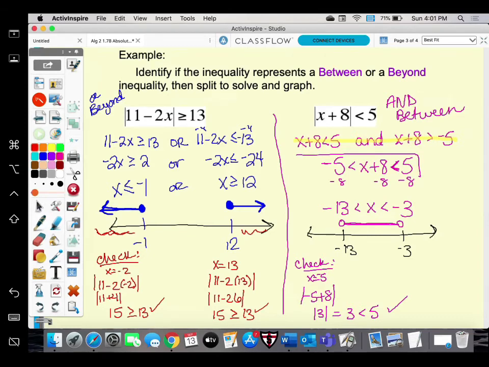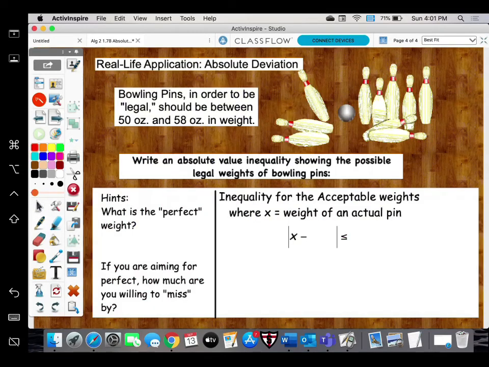The last thing we like to talk about with absolute value inequalities is this idea of absolute deviation. Absolute deviation is any sort of ideal amount that you're willing to have a little bit of wiggle room in. If we talk about bowling pins, in order to be legal, the weight should be between 50 ounces and 58 ounces.